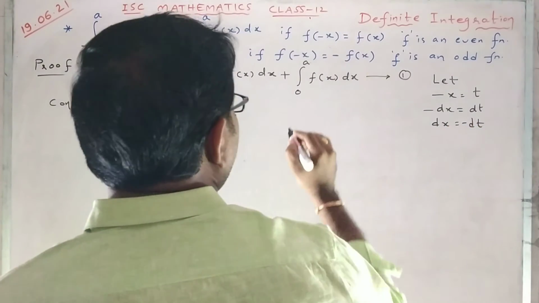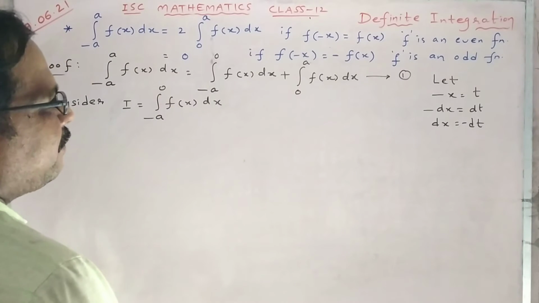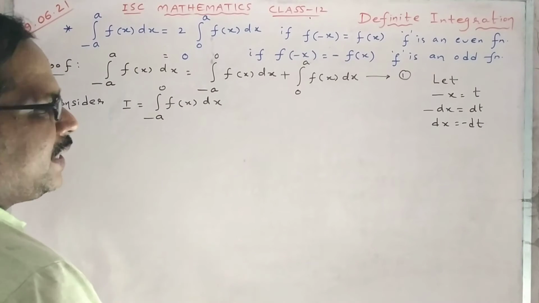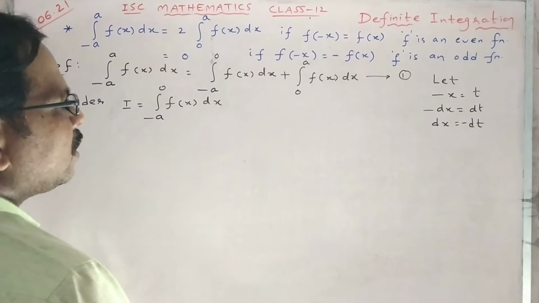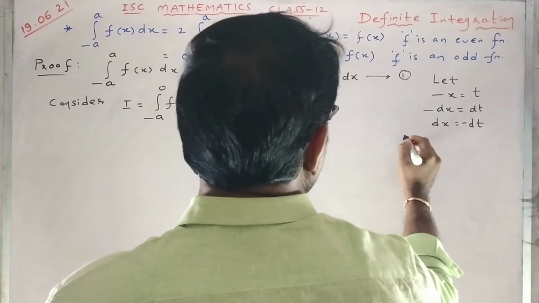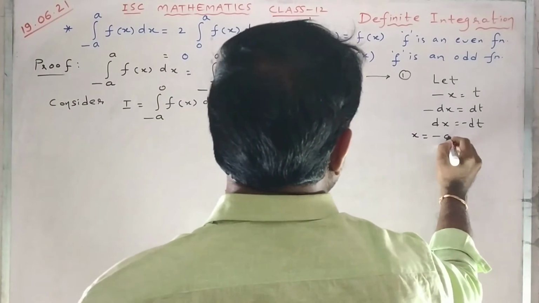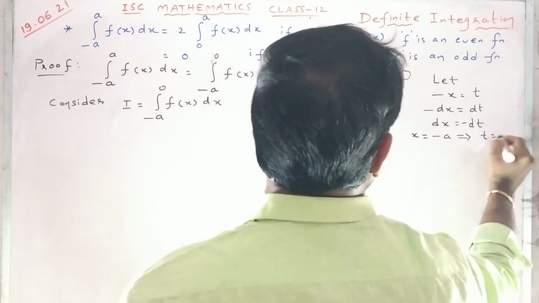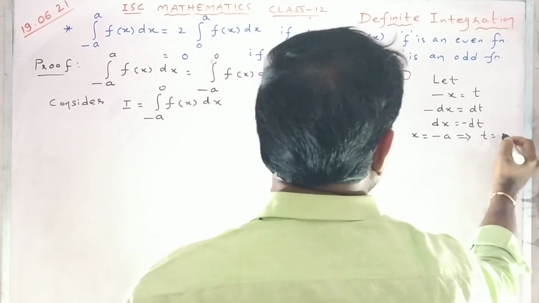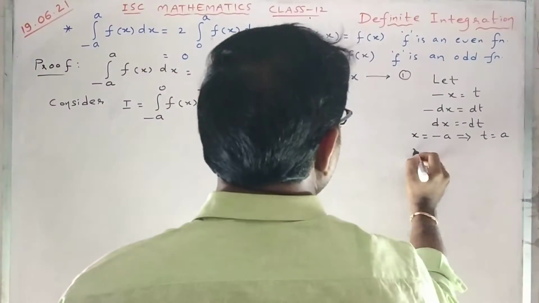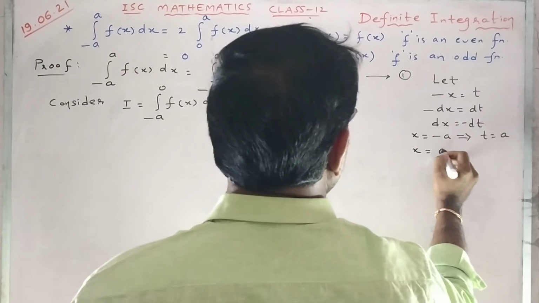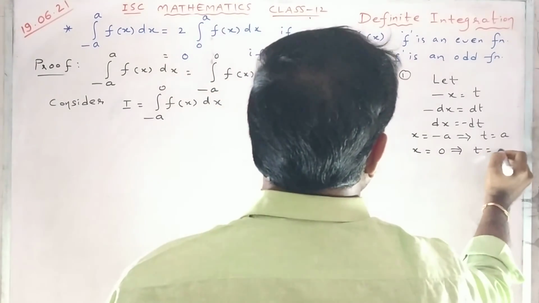Now, as I told you, in definite integration, whenever we take substitution, the limits also we have to change. So, if x equal to minus a, then t will be minus of minus a, that is a. If x equal to 0, t is also 0.